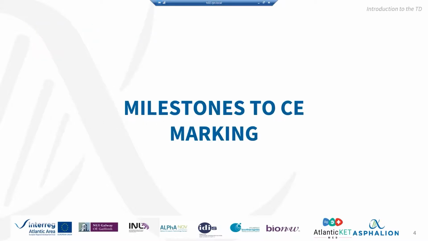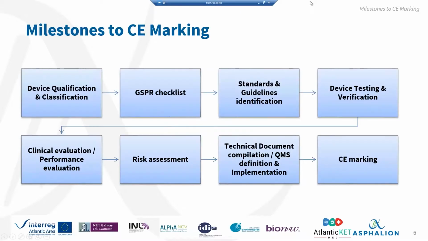So let's go first with the milestones to CE marking. What is the usual process to undergo to start this CE marking? Well, first we should qualify our device, which means we've got to assess if our device is a medical device or a medicinal product or a cosmetic.